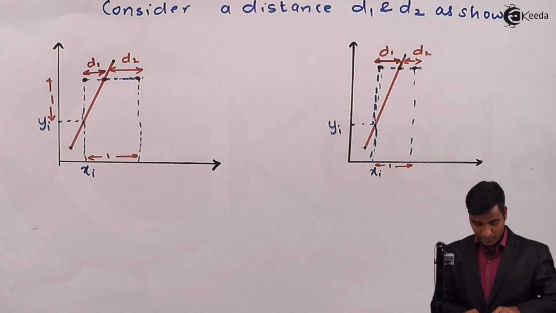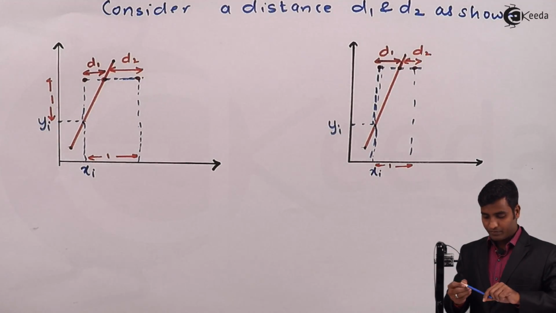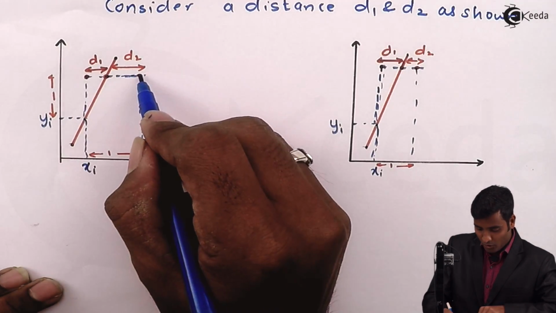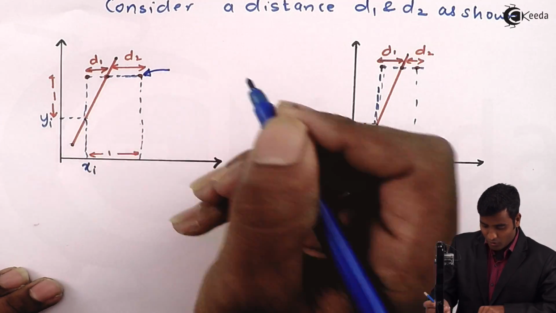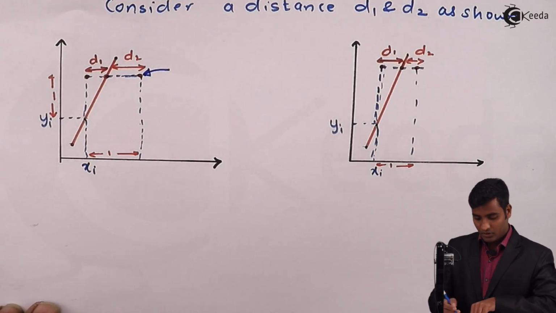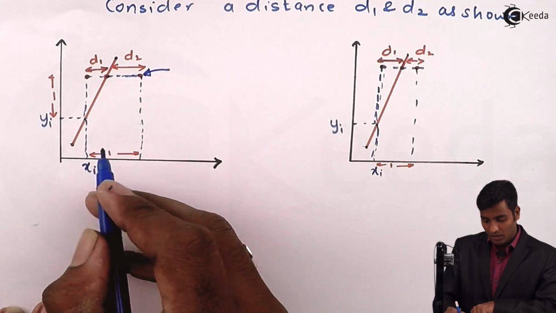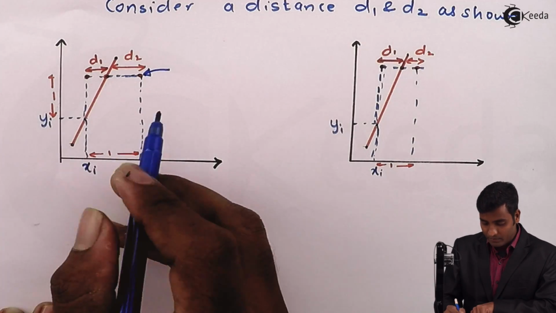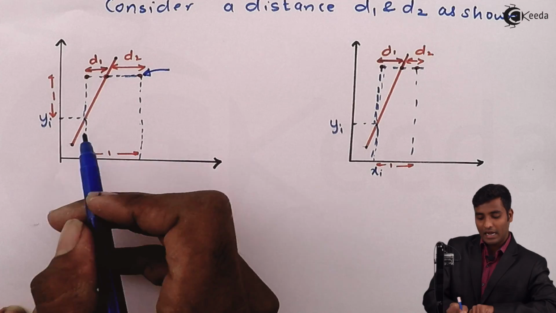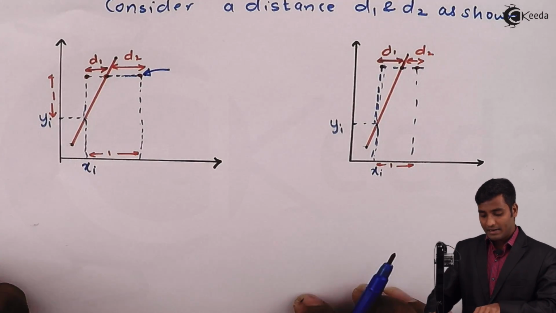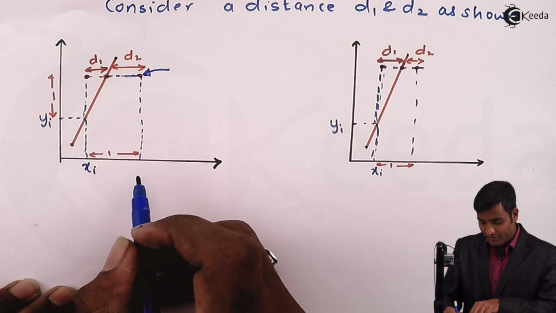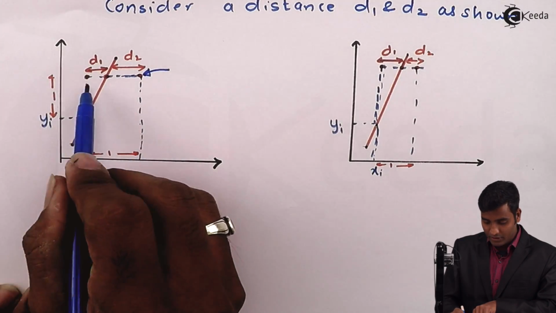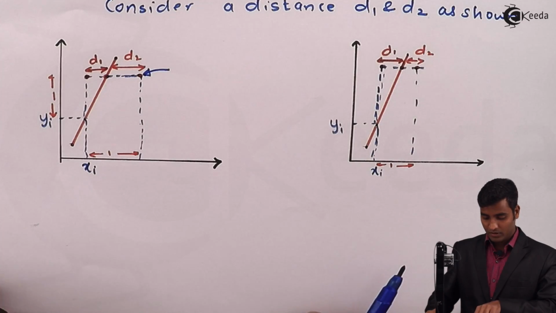So now I will note down the coordinates of these points. Here basically there is a line where xi is the ith point on the line, and the distance between two columns is 1 and the distance between two rows is 1.